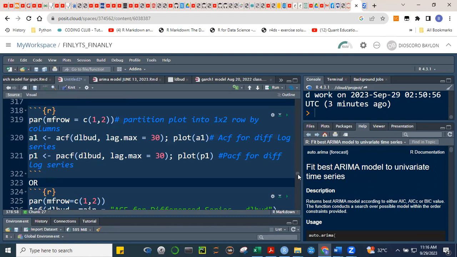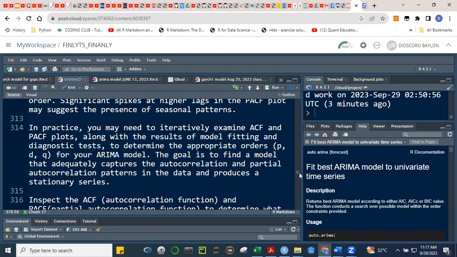Okay, the next step after we transform the data, after we have tested if it's stationary, is to plot the autocorrelation function and the partial autocorrelation function. Now, I dare say that in these times, we actually do not need to plot the ACF and the PACF if the objective is for us to generate an ARMA model.